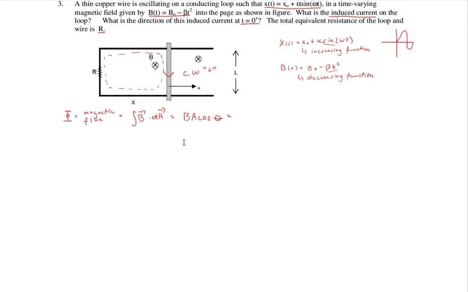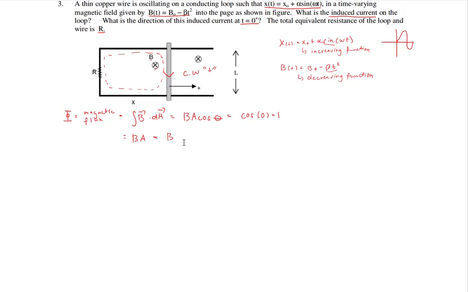They happen to be parallel, so the angle is 0, and cosine of 0 is just 1. So this term becomes BA, the B field times the area of this loop.